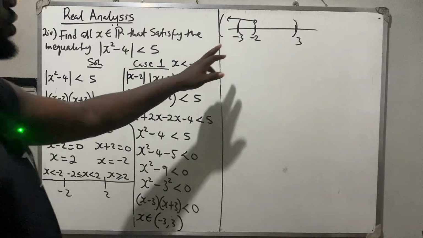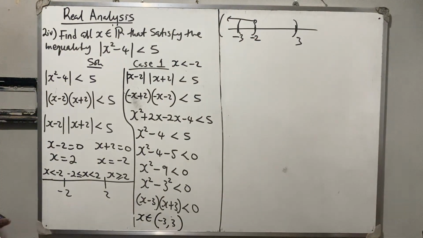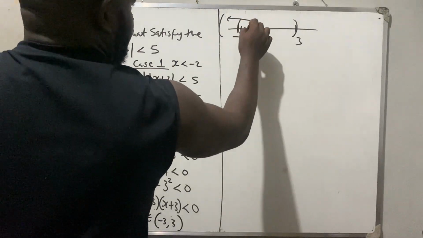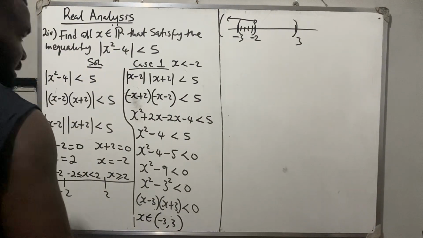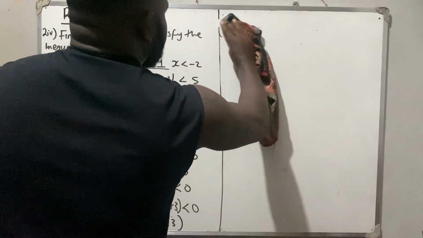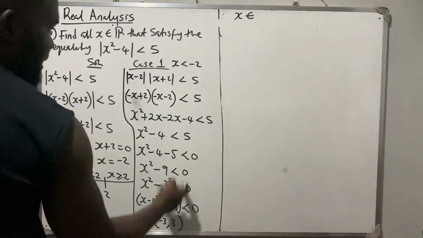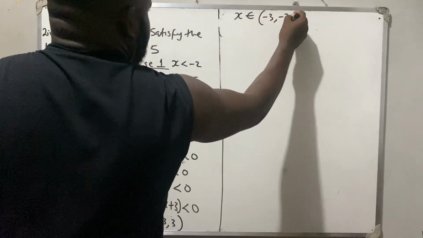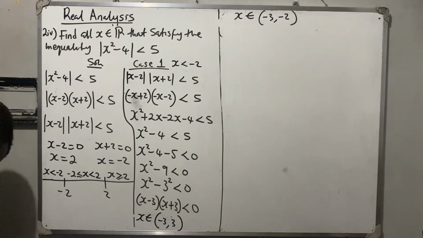So the intersection is just these two parts. The result there is between -3 and -2. It's obvious that the intersection is just here. This is where they have in common. So the answer for case 1 is that x is an element of the intersection of these two, which is -3, -2. So that is that for case 1.